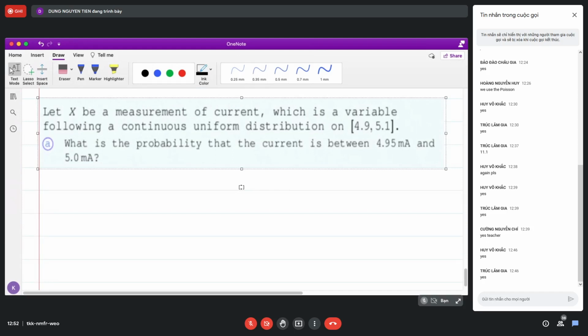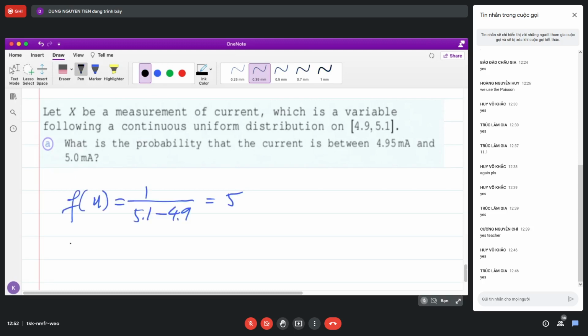What is the probability that the current is between 4.95 and 5.0? In order to find this probability, you need to find the density function f(x) equals 1 over 5.1 minus 4.9, which is 5, I think, right?